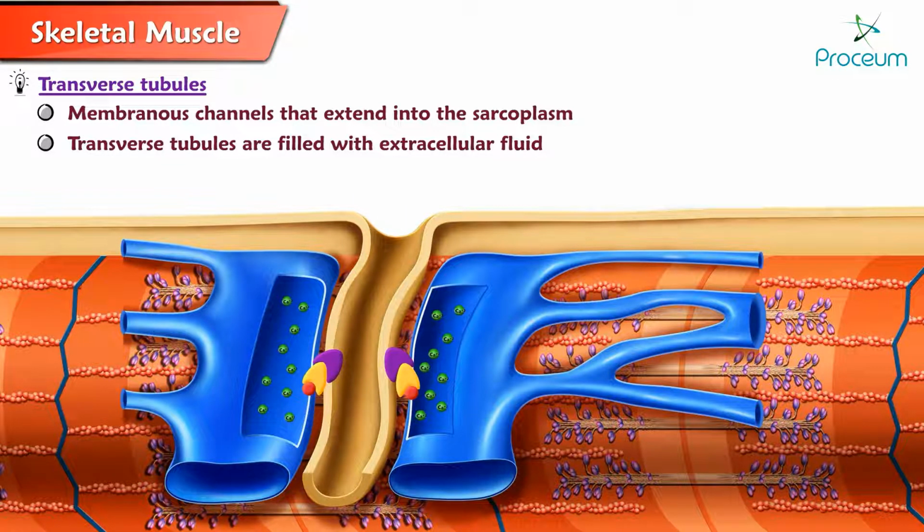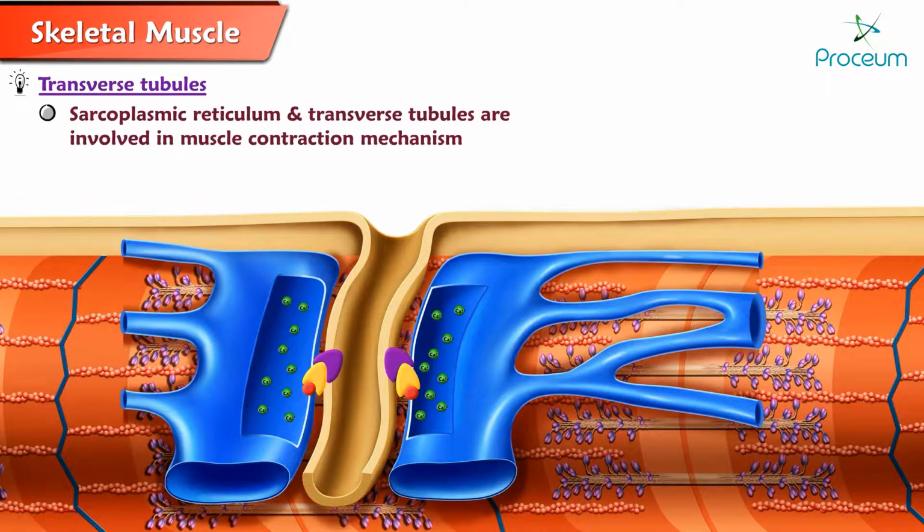Each transverse tubule runs between two enlarged portions of sarcoplasmic reticulum called cisternae. These structures form a triad near the region where actin and myosin overlap. Sarcoplasmic reticulum and transverse tubules are involved in activating the muscle contraction mechanism. Because one transverse tubule is associated with two sarcoplasmic reticulum, they are termed the triad.